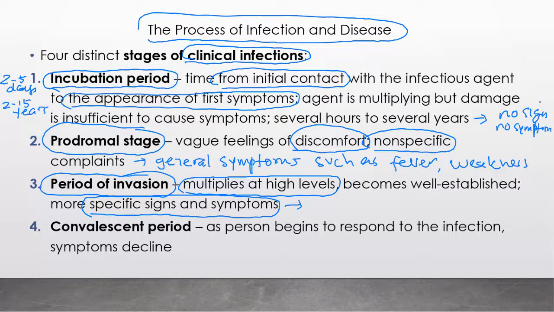And then after that, if our immune system, the white blood cell, the antibodies are able to fight against this disease, then we will have what we call the convalescent period. This is actually the period of recovery. So we feel better. But we actually still have microbes in our body and we still be able to transfer to others.